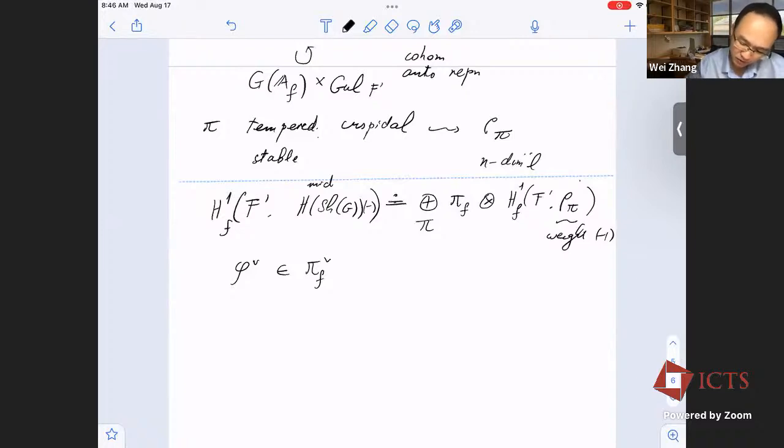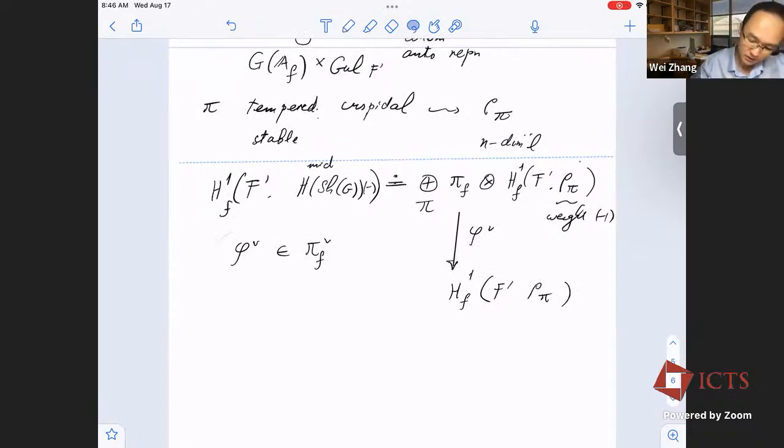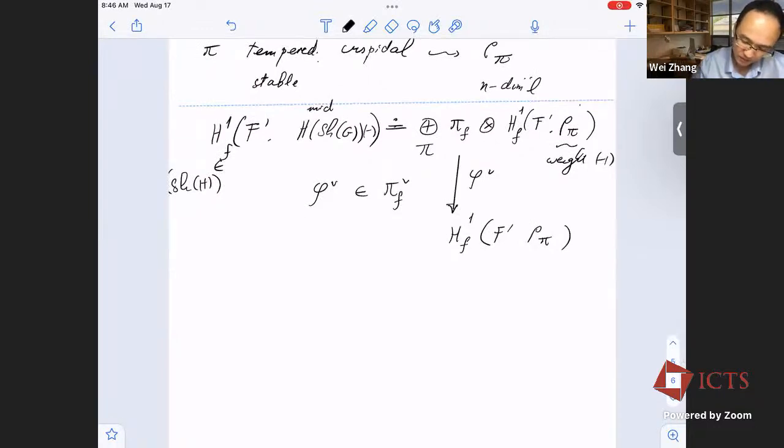Then I can apply the linear functional here, so I get a map to the Selmer group, right? So if I input the class defined by my sub-Shimura variety, and apply this composition with this map, you start from here, apply this map, and you get a class.